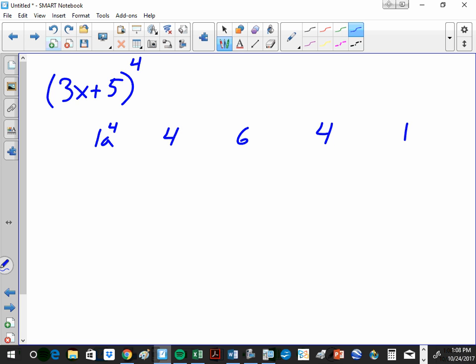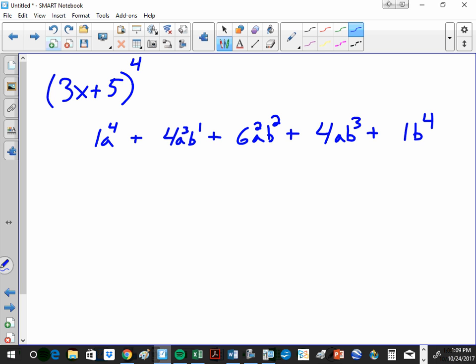We just leave the b off. Plus 4a to the 3rd, b to the 1st, plus 6a squared b squared, plus 4a b to the 3rd, plus 1b to the 4th. Does everybody understand that?